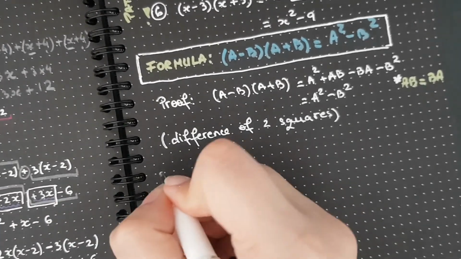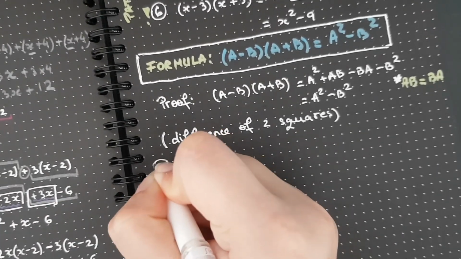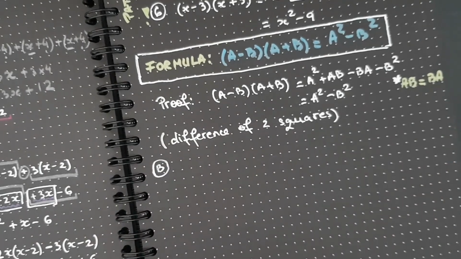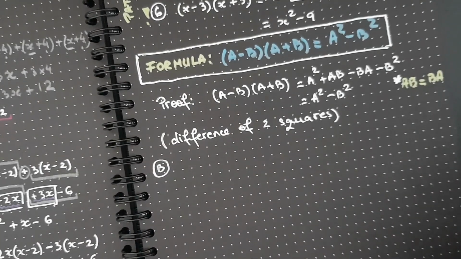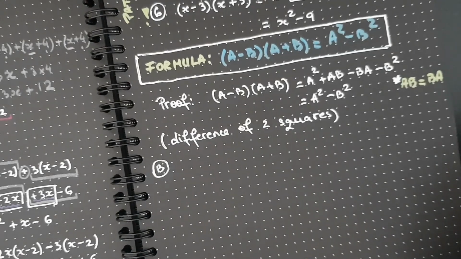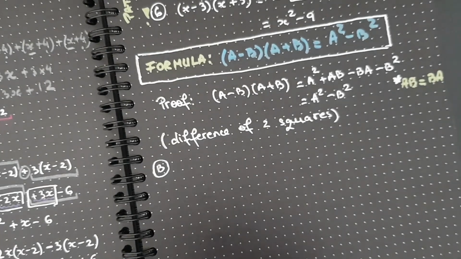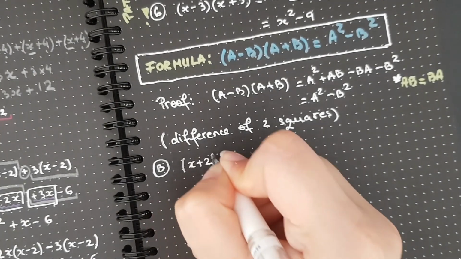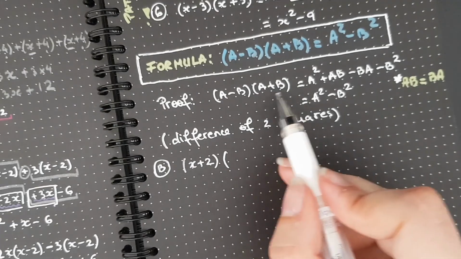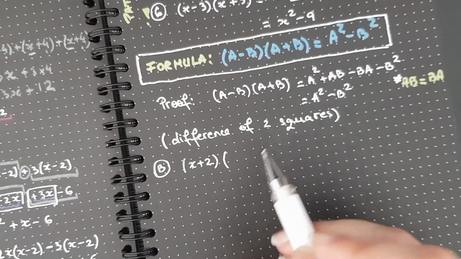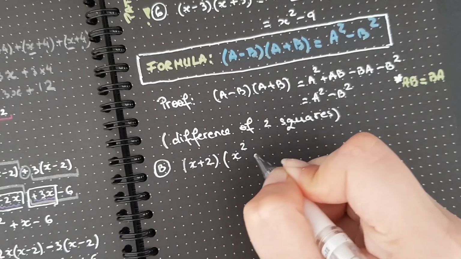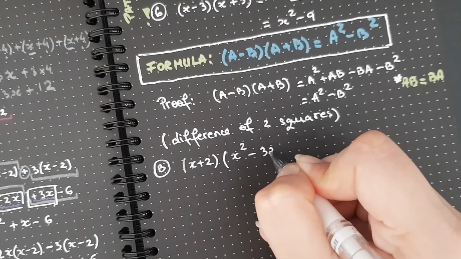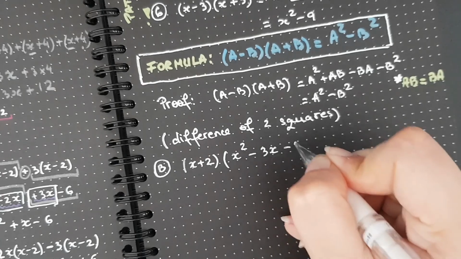And the last bit, I know this video is a bit long, but bear with me because I am overly excited. So if you go up to this point and you go to the last bit, thank you so much. But I still want to do double brackets, but I want to show you a bit of a more complex double bracket. So let's say I have x plus 2 multiplied by, and I don't have just an easy two terms in the second bracket. I actually have x squared minus 3x minus 4.